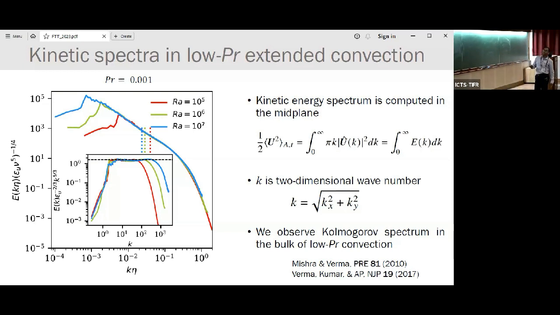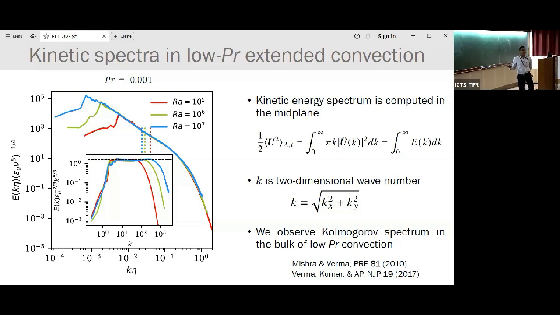You can see that the spectrum follows the Kolmogorov spectrum very well. We also looked at the anisotropies, and we found that in the bulk region of this extended domain at low Prandtl numbers, the flow is nearly isotropic, very nearly isotropic. This was also observed by Pankaj Mishra and Mahendra Verma long back.